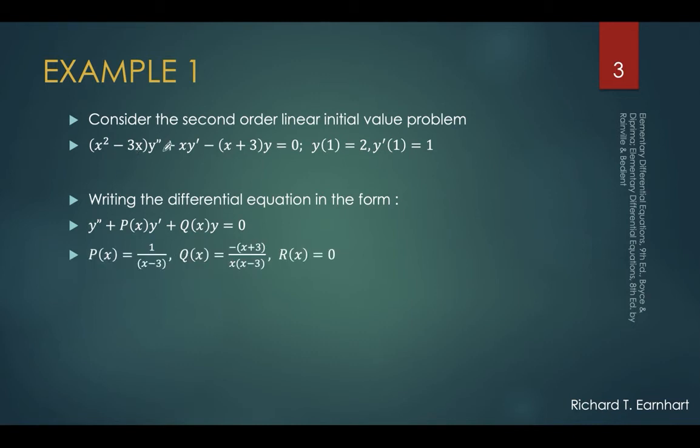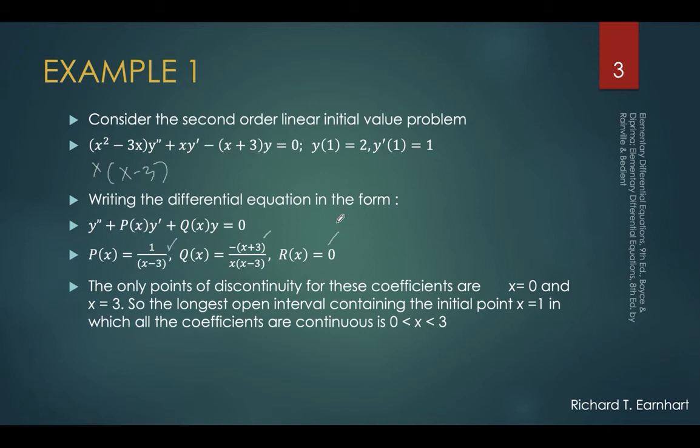So we multiply the whole equation by 1 over x squared minus 3x, or this is x times x minus 3, and then for p that will be x over this, so x will cancel out to give you 1 over x minus 3, and then for q we get negative x plus 3 over x times x minus 3. The right hand side is equal to 0, so that will be your r of x.